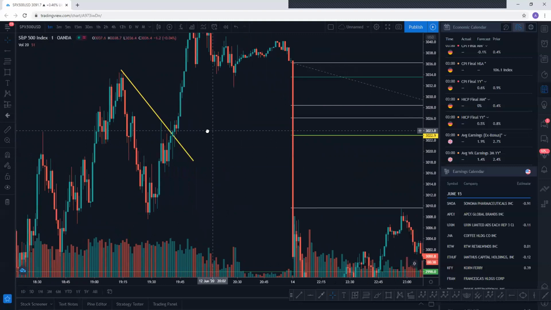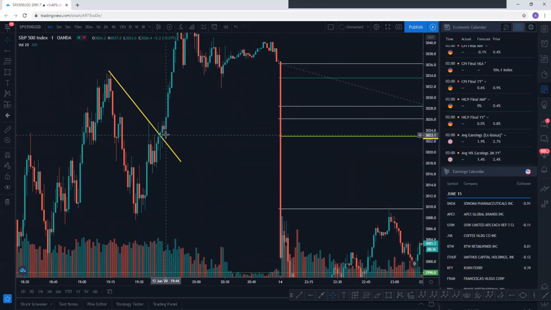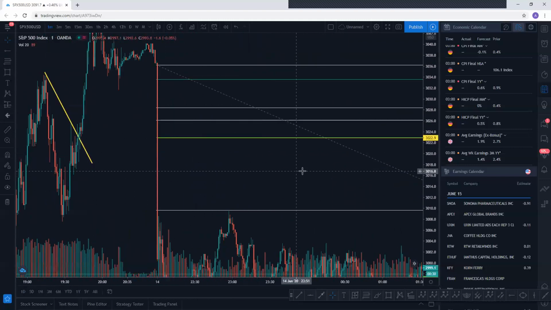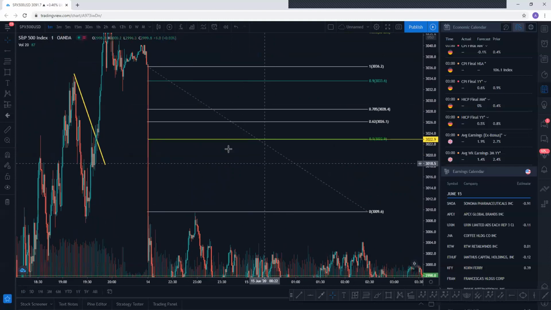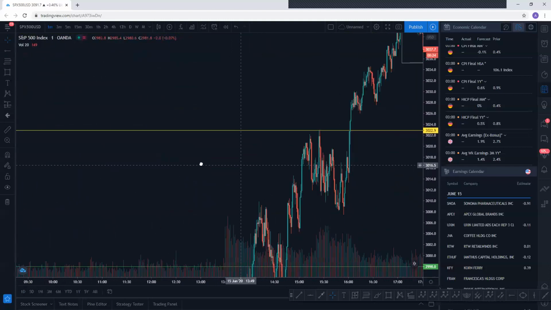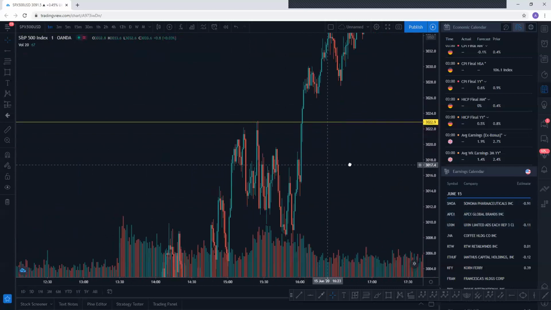So this is a valid confluence with this exact area where the 50% of the void is. So after having those two confluences, we can see that price hit that exact level.